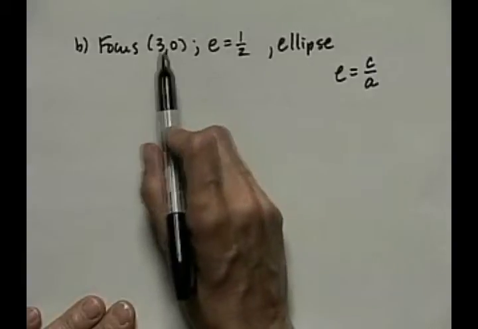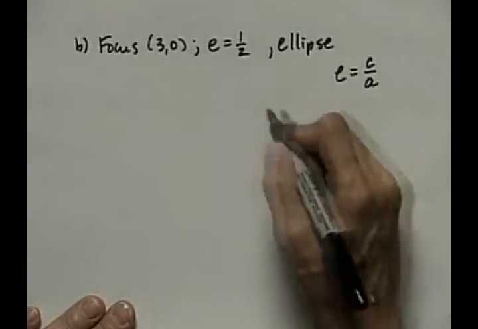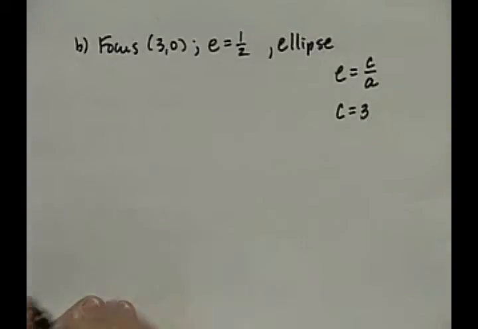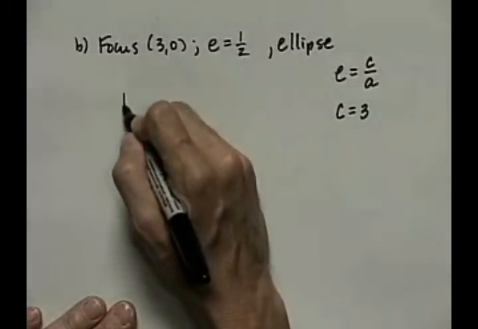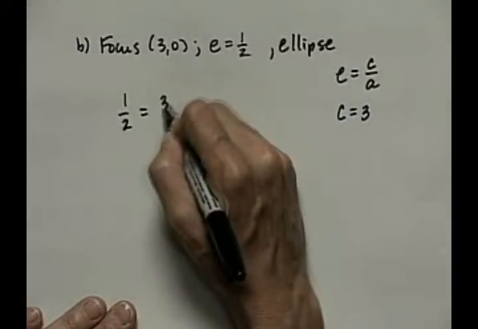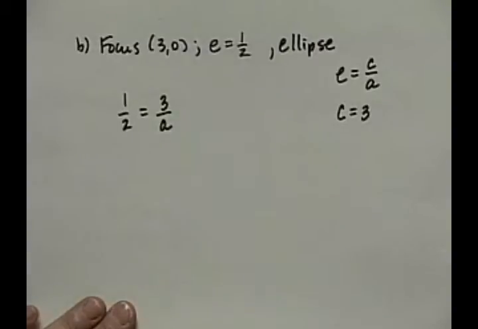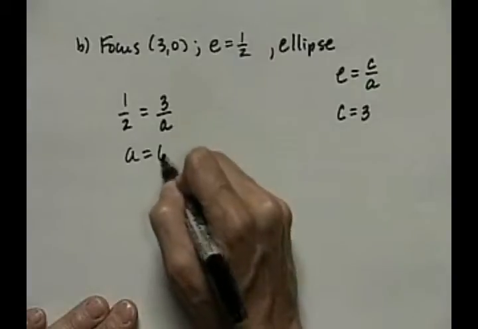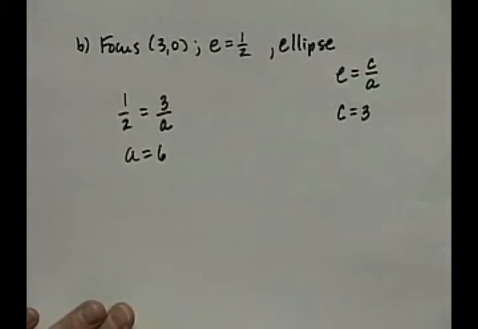If one focus is at (3, 0), that tells me that c for the ellipse is 3. So setting up a proportion, I can say 1 to 2 is 3 to a, and I can find a. By cross-multiplying, I see that a is 6.